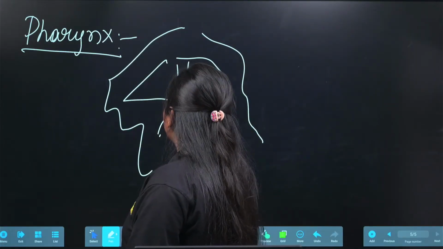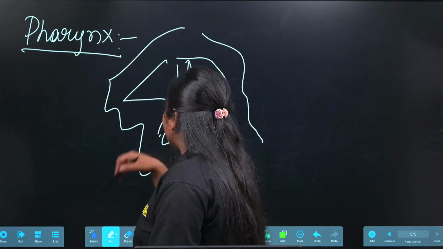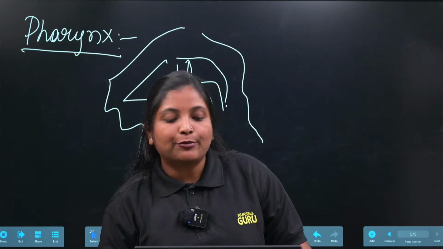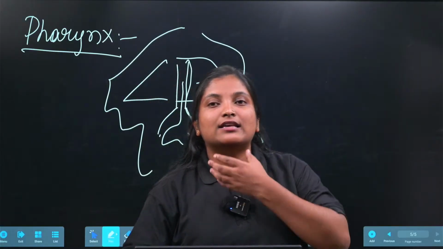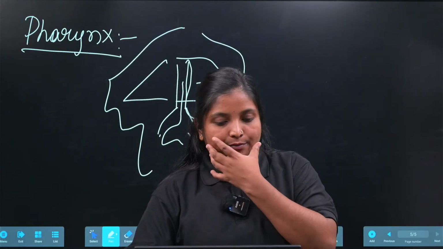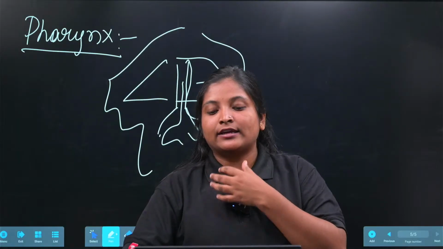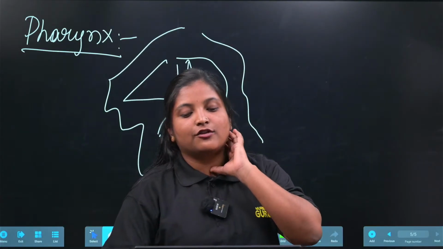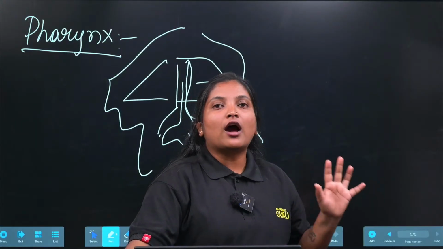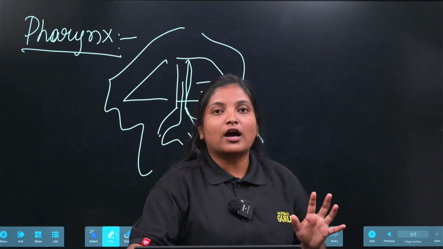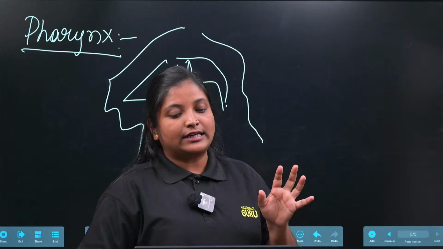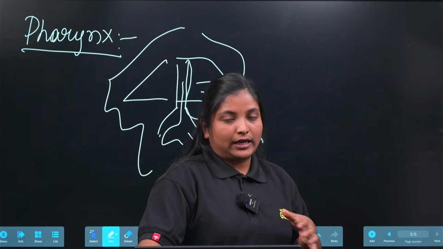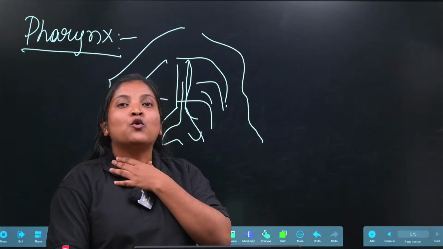It is a funnel shaped fibromuscular tube extending from the base of the skull to the esophagus. It is lined throughout with mucous membrane.